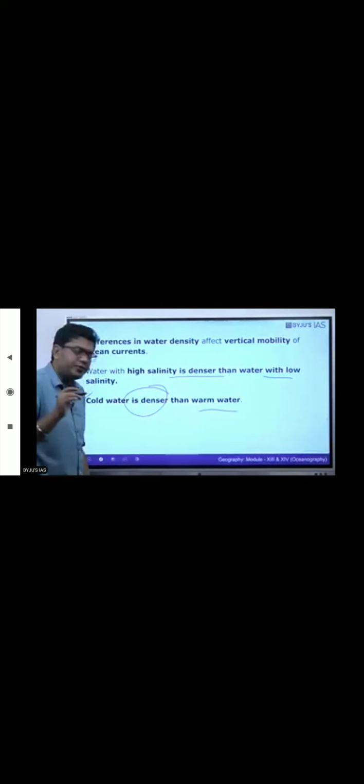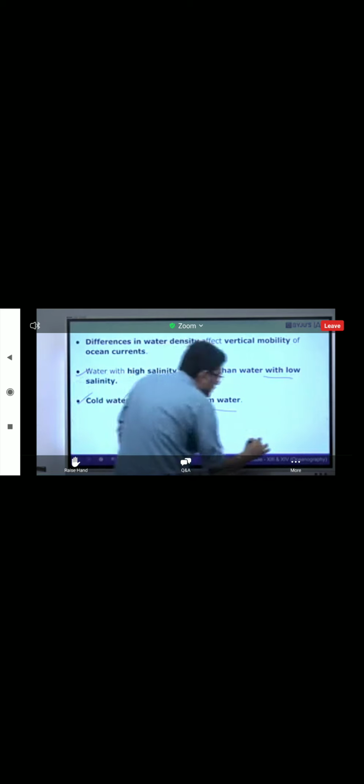Suppose in one region I have water with low density. In another region, I have water which has very high density. Here, let's say I have low density because of high temperature.